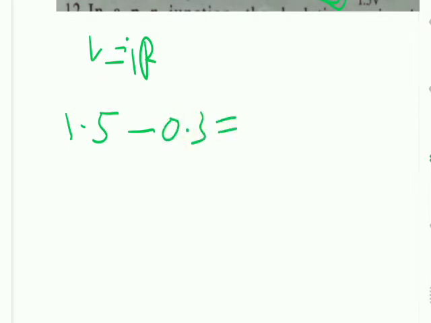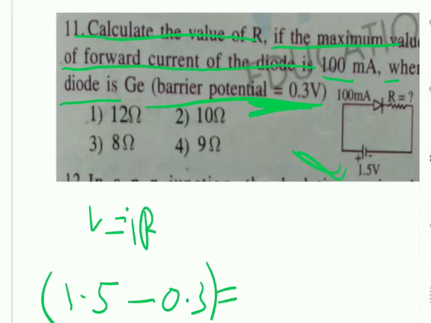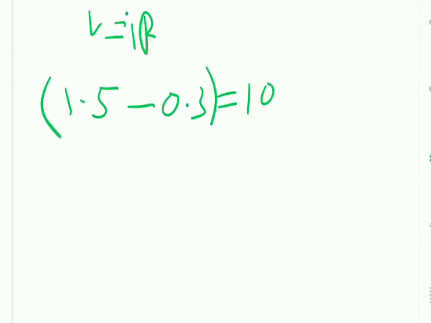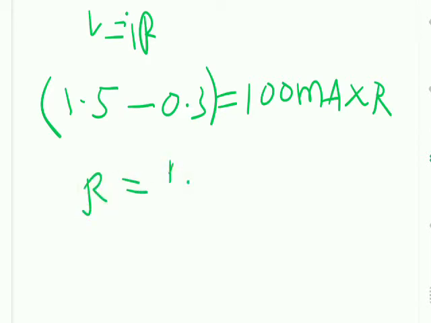Is equal to I, which means 100 milliamps, 100 milliamps into R. So R is equal to 1.2 by 100.